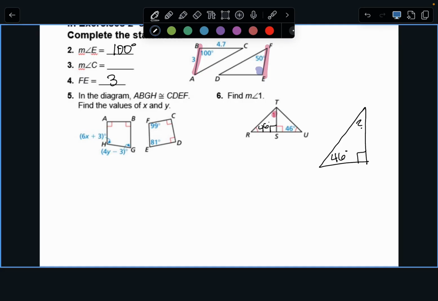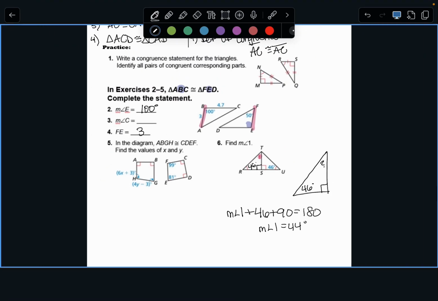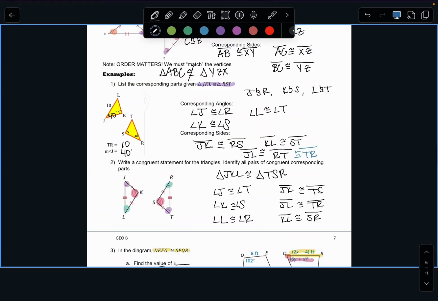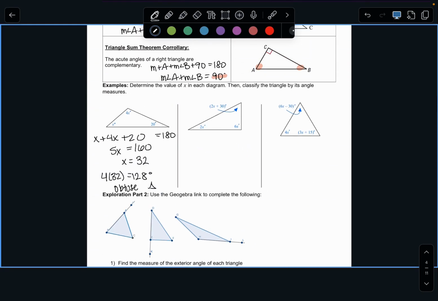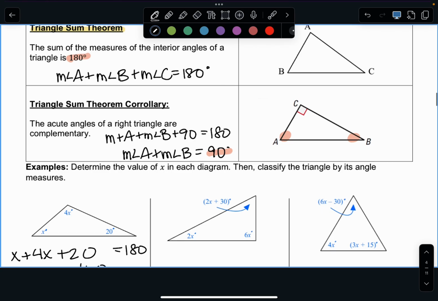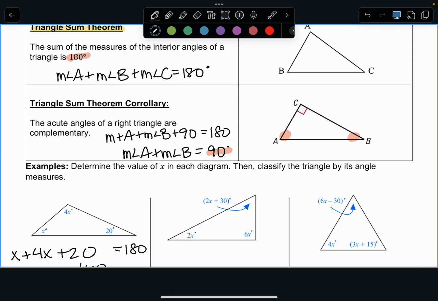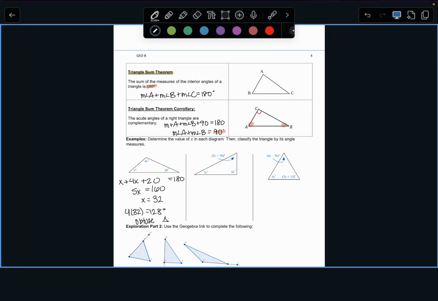Yeah. So my measure of angle 1 plus 46 plus 90 is equal to 180. That's from the triangle sum theorem. You end up getting 44. Or, if you wanted to use technically the proper theorem, we would have used the corollary to the triangle sum theorem and said 1 plus 46 equals 90. Okay? Questions on any of those?